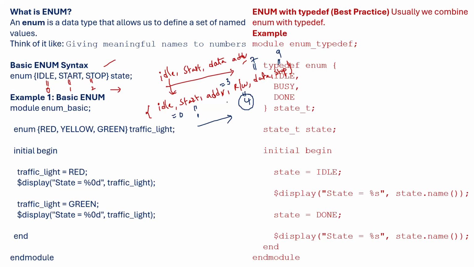In this way enum stores named constant values, and after whatever values we have assigned, it increments automatically. I'm considering the same conditions: idle, start. Idle I'm assigning 1, and start 3.